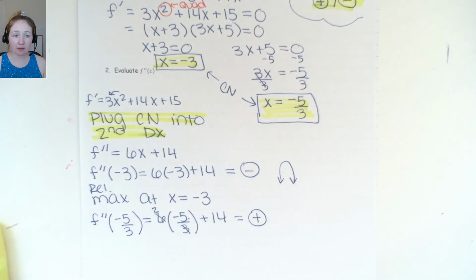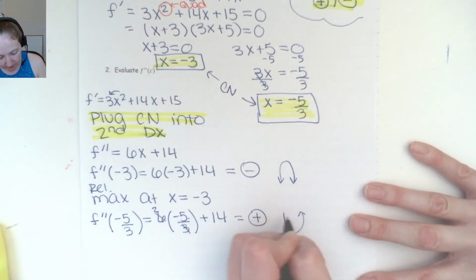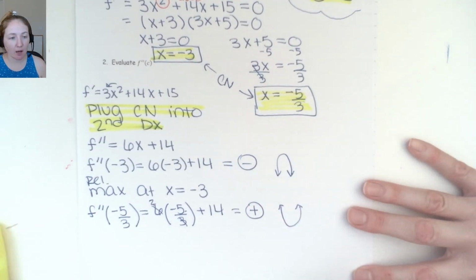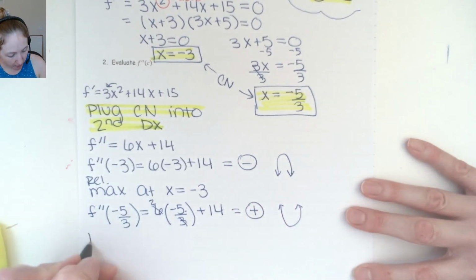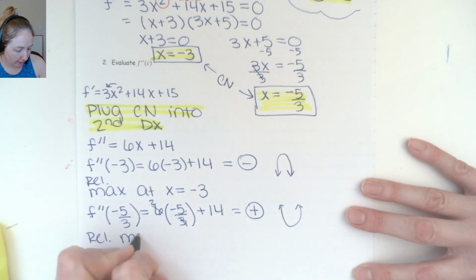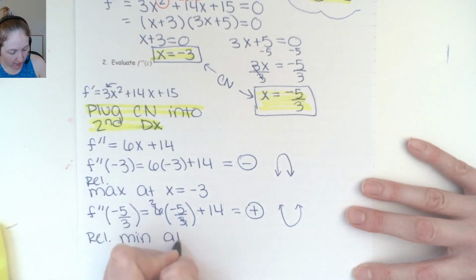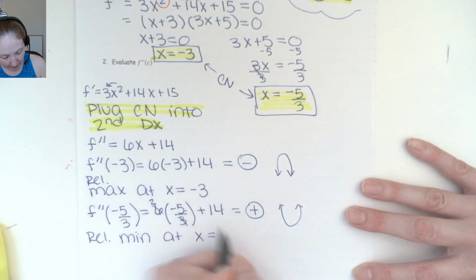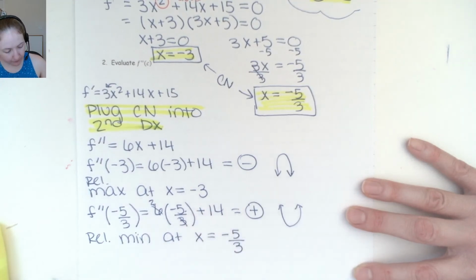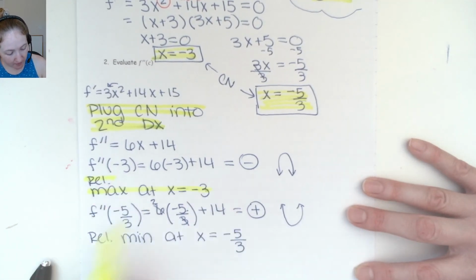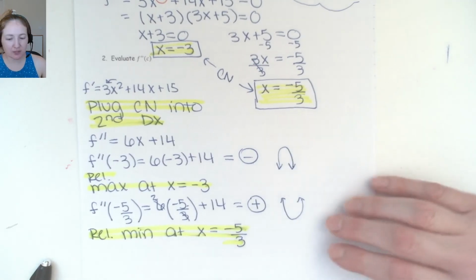And all we care about is that it's positive. We don't care that it's 4. And then with that positive, that's going to tell us that it's concave up. And if it's concave up, then we have a relative min at that point. So at the -5/3.